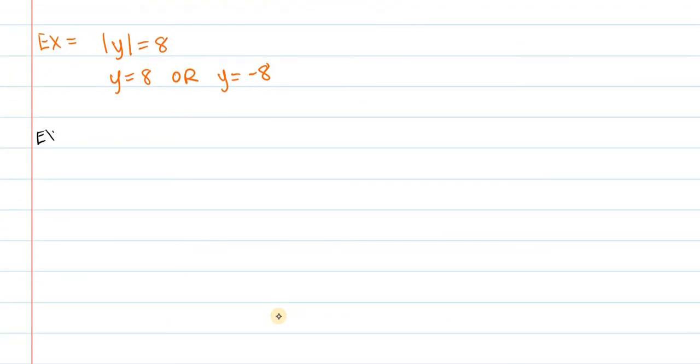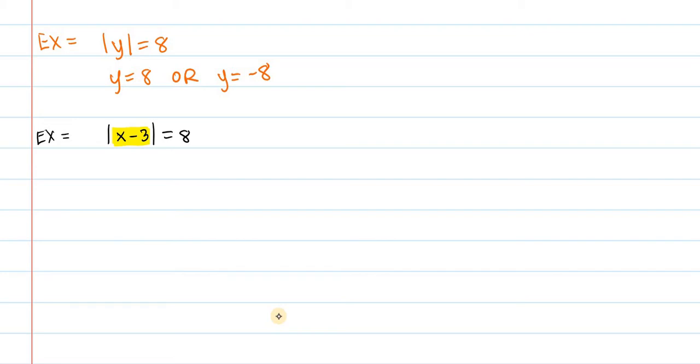So say, for example, we had absolute value of x minus 3 equals 8. In this case, what we're saying is whatever is inside these bars is within 8 spaces of 0. So that means that it could be 8 spaces in the positive direction, or it could be 8 spaces in the negative direction.